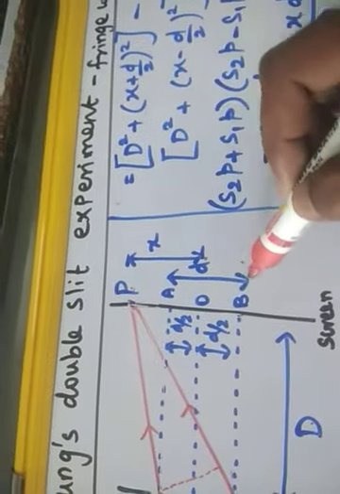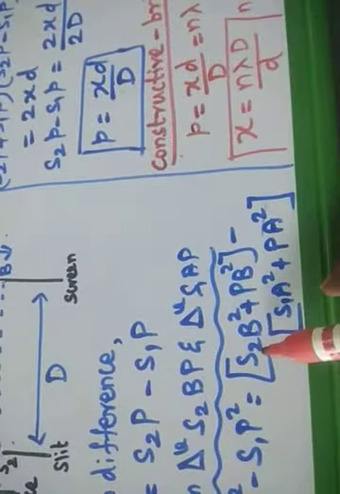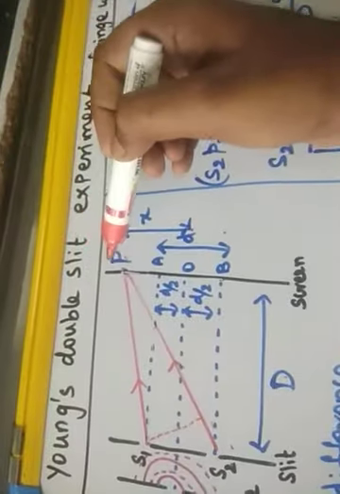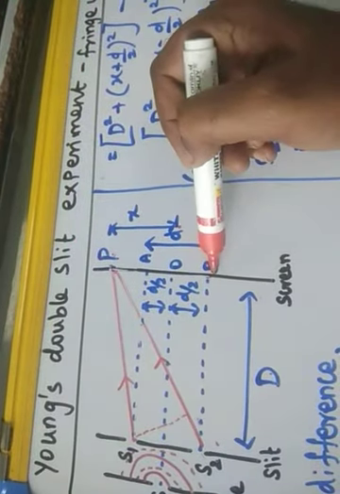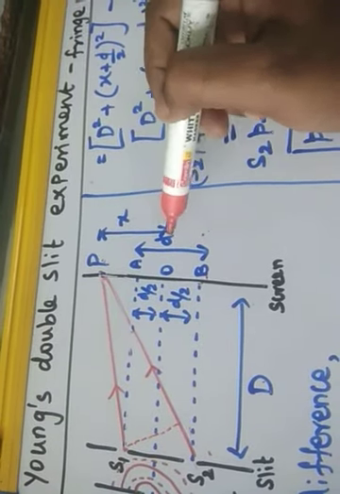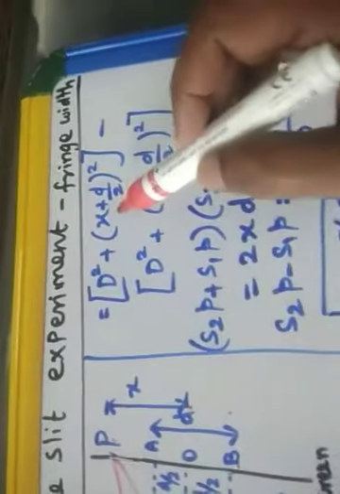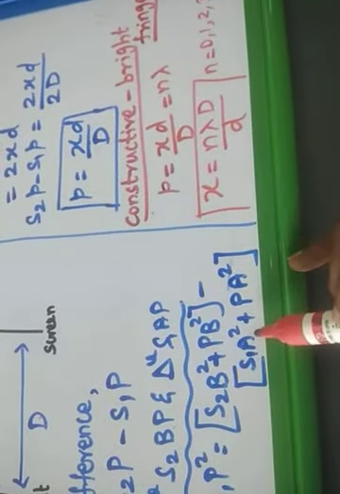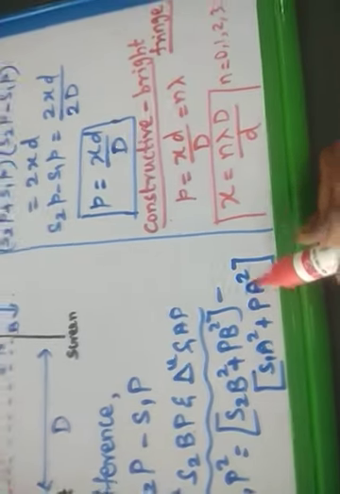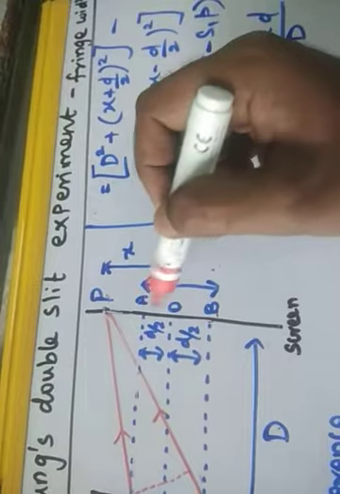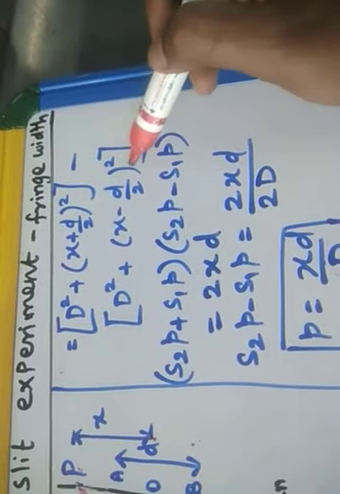S2B squared is equal to D squared. PB squared is equal to PO plus OB, where PO is x and OB is d by 2, the whole squared, that is x plus d by 2 the whole squared. Similarly, S1A squared is also D squared, and PA squared is x minus d by 2 the whole squared.